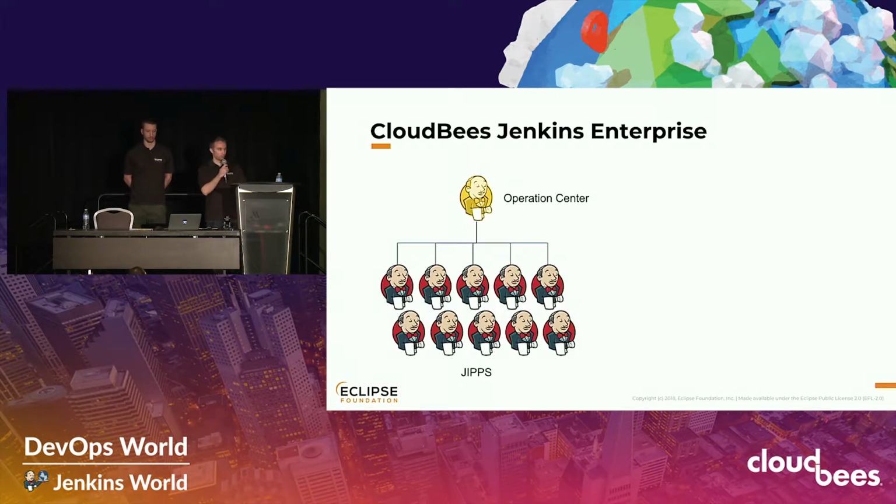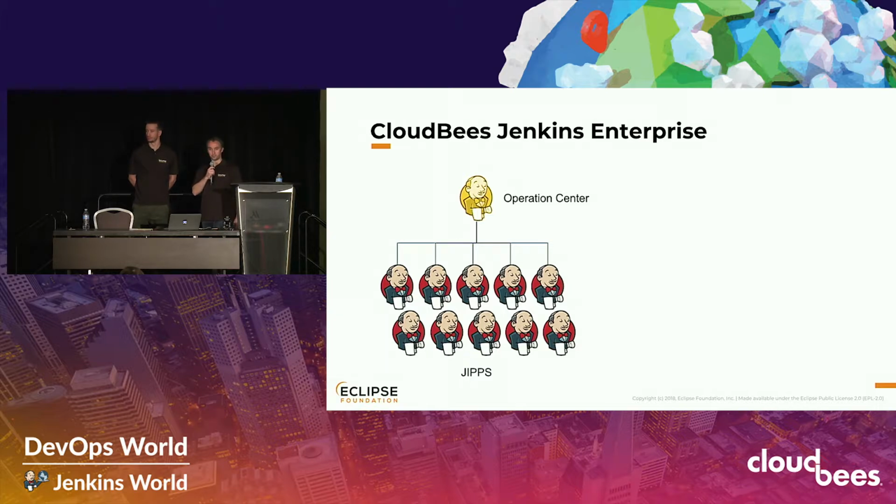For those who don't know what Jenkins Enterprise or CloudBees Core is, it's basically a master of masters. It's what CloudBees calls an operations center. It's a special instance of Jenkins that will actually handle other masters.